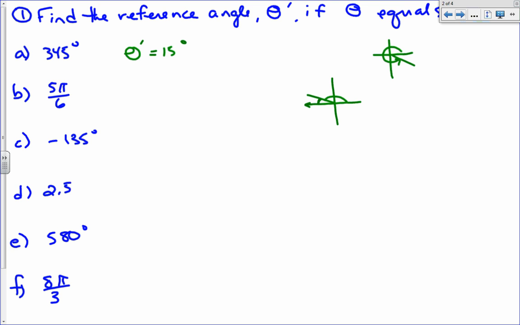So the reference angle will be pi over 6.